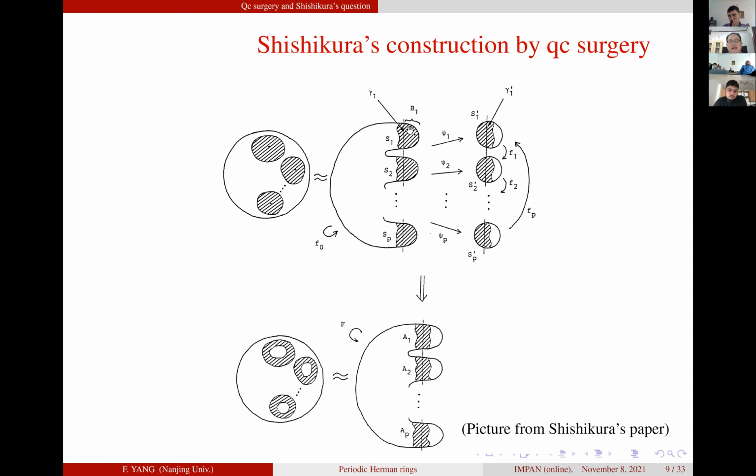So if the cap before surgery is very close to the center, then it is expected the resulting rational map is very close to the original rational map outside a neighborhood of the centers of the Siegel disk.